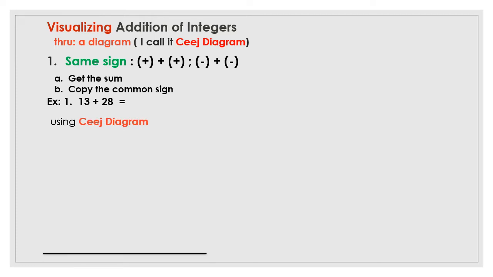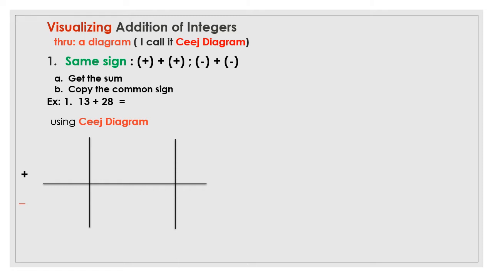So we have to draw a horizontal line in this plane so that the upper portion will be for the positive integers and the lower portion will be the negative integers. Then we draw vertical lines. So 13 is at the upper portion.